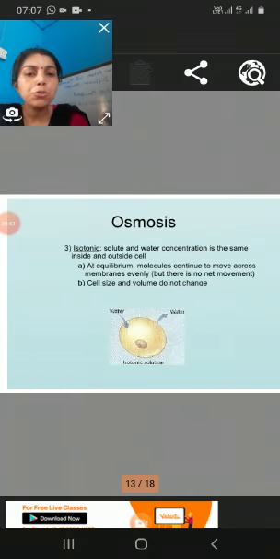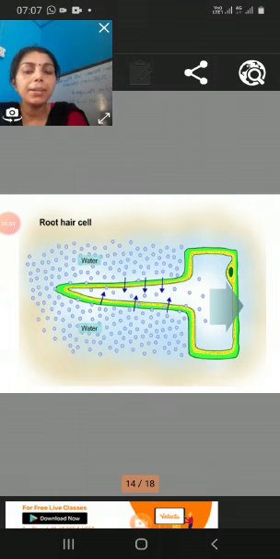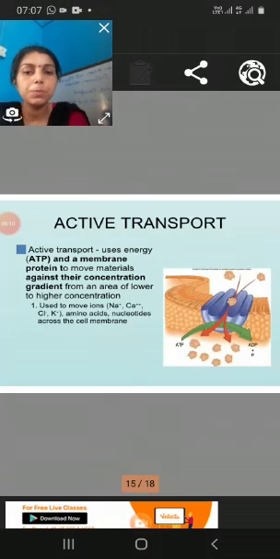There is an isotonic solution also, in which there is no net movement of water molecules, so it is in equilibrium with the cell and the cell size and volume do not change. In the root hairs, when we add water to the soil, the water concentration outside becomes higher and the water enters inside the root hairs via the process of endosmosis.